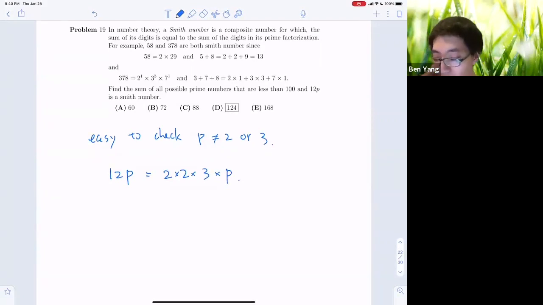Okay, so let's use S(n) to denote the sum of digits of number n.